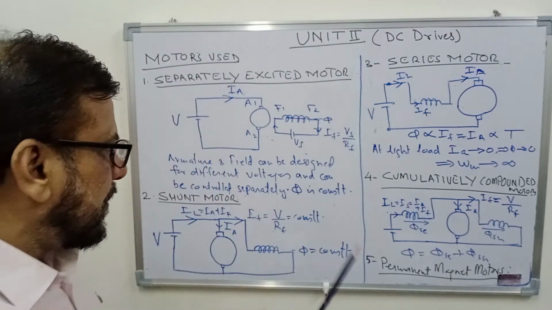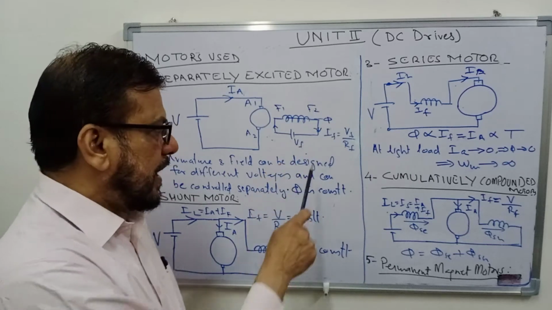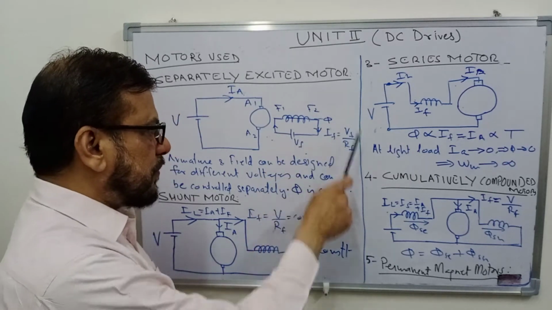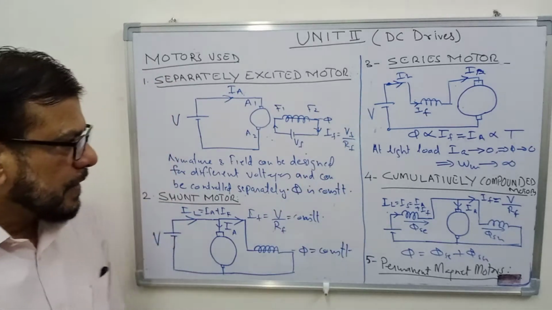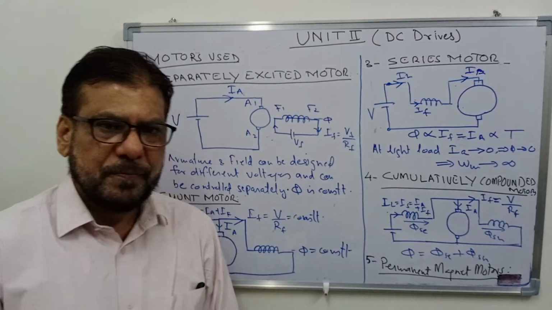On the stator poles we have the winding, and here we can apply a voltage Vf. So the current that flows here is equal to Vf upon Rf, where Rf is the resistance of the field winding. So this will be constant if Vf is constant.